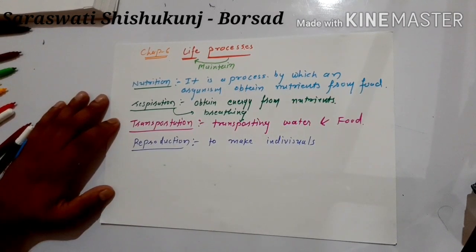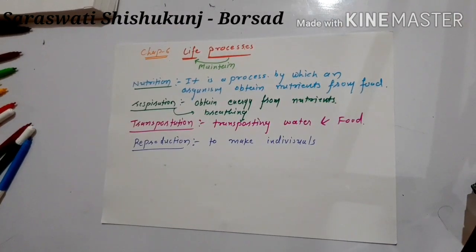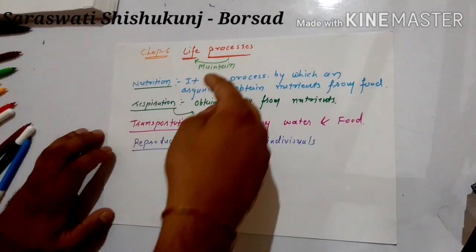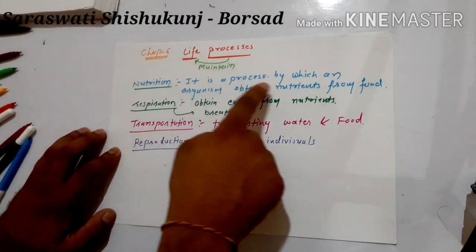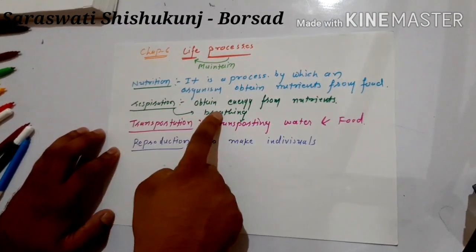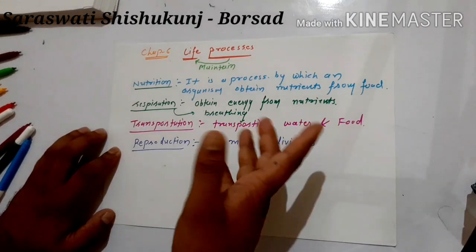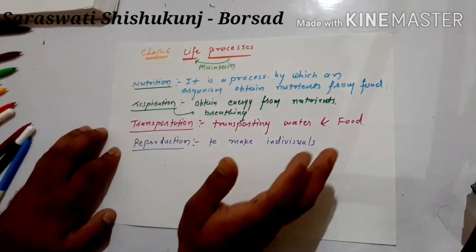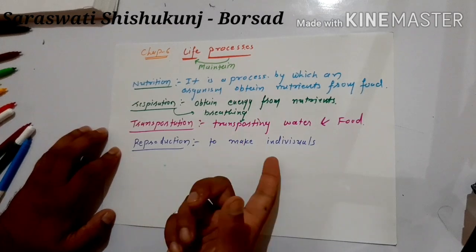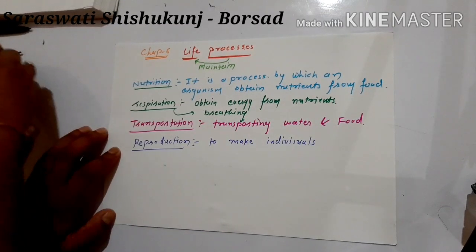Okay, so these types of processes are very necessary in life processes. As we have gained nutrients, from that we are obtaining energy, that is transported, right? There will be transportation of water and food as we form different individuals like us, okay?